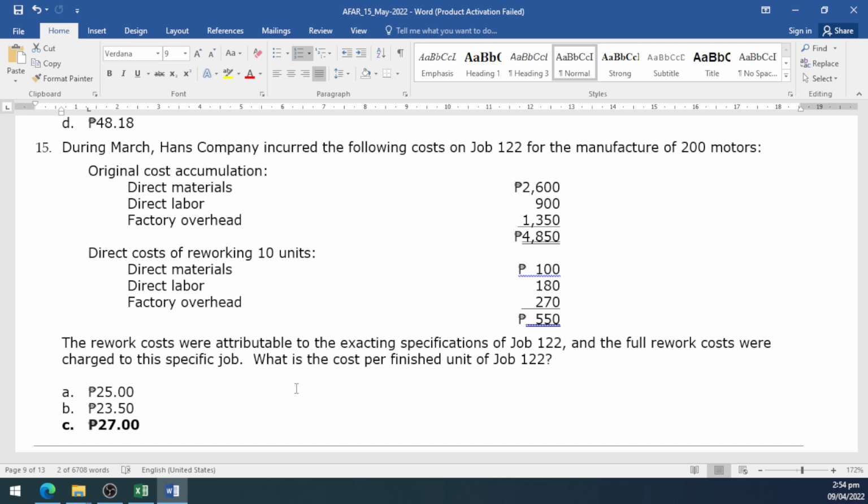Divide by 200, which is 24.25. Siyempre, mag-i-increase yan. Charge to specific job eh. Yung 550 kasi, de-debit yan sa work in process. Ang magiging total cost ng job ay 4,850 plus 550 or 5,400, divided by 200 units, kaya yun po, 27 pesos per unit. Di ba? Nag-increase.